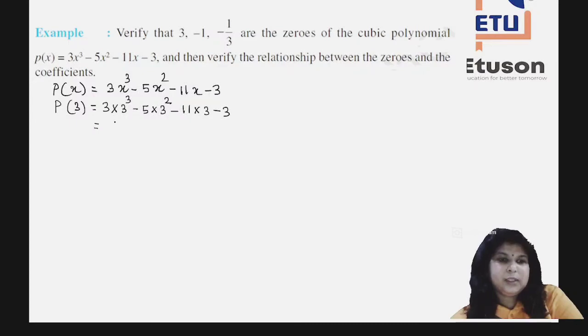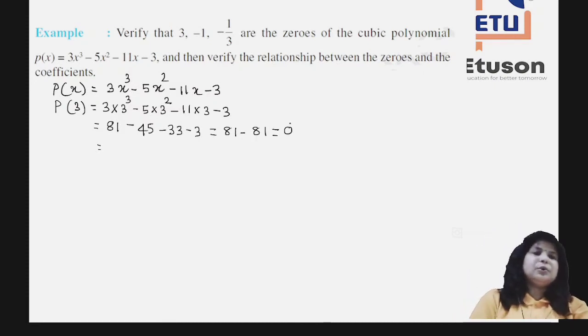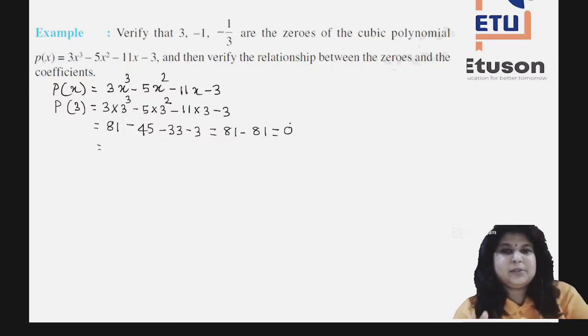3 into 3 to the power 3 is 27, 27 into 3 is 81, minus 5 into 9 is 45, minus 33, minus 3. Correct? If you add 45, 33 and 3, you will get 81 only. So that is equal to 81 minus 81, which is 0. So it is verified that 3 is one of the zeros.